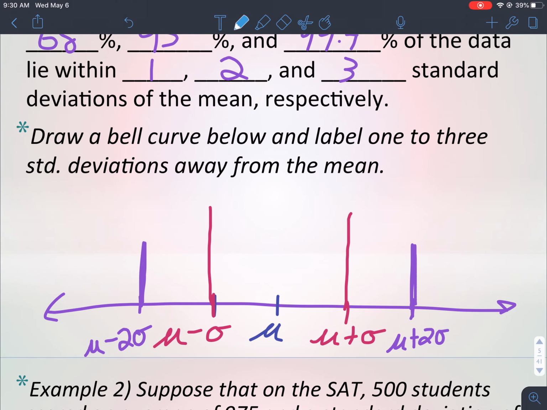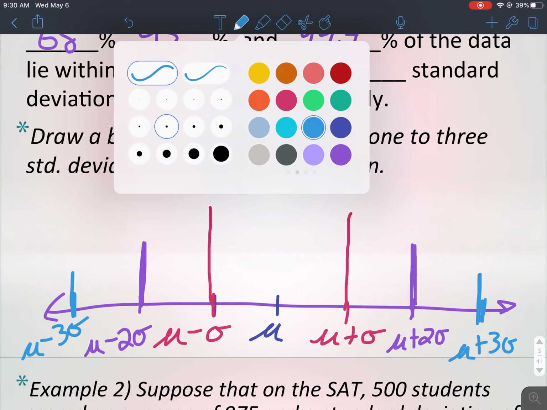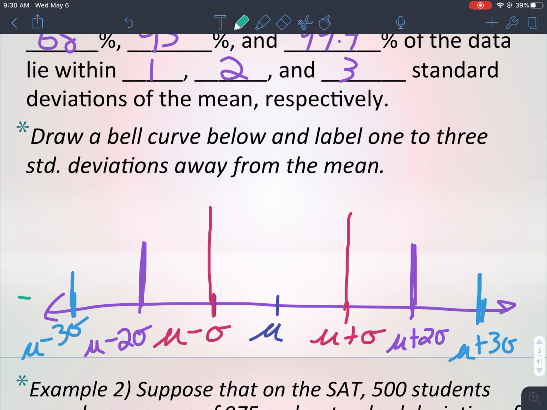And then I'm going to do that one more time, and here will be mu minus 3 sigma and mu plus 3 sigma. Let's put it into a bell curve.